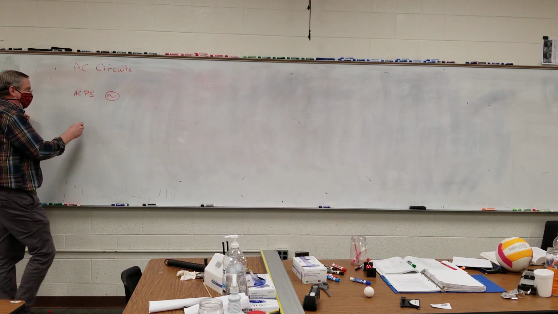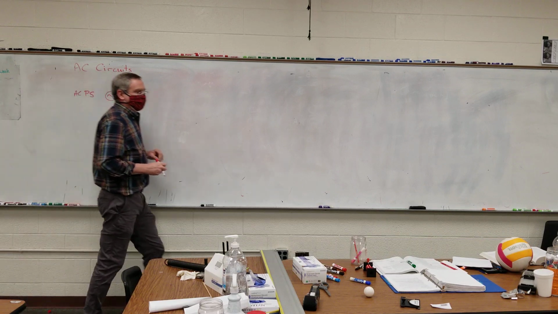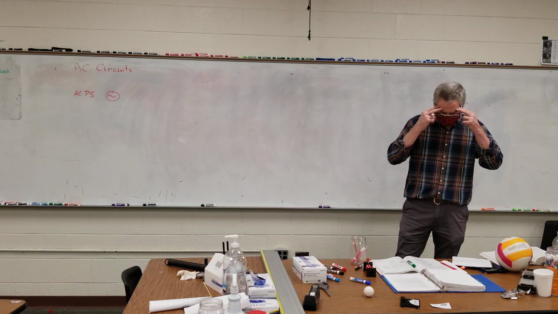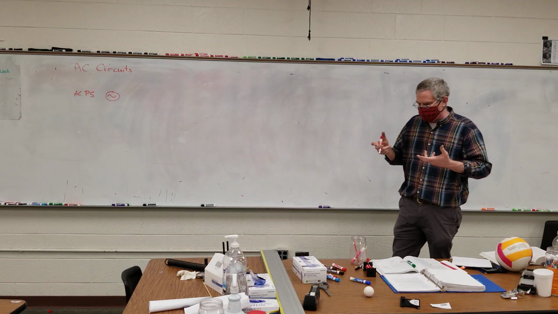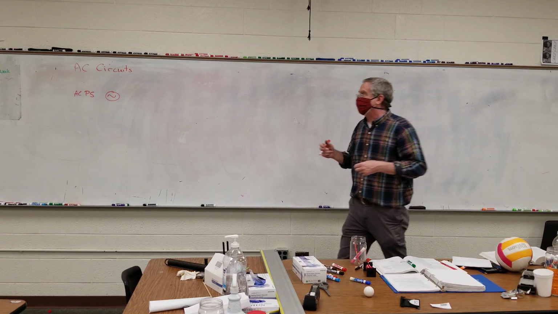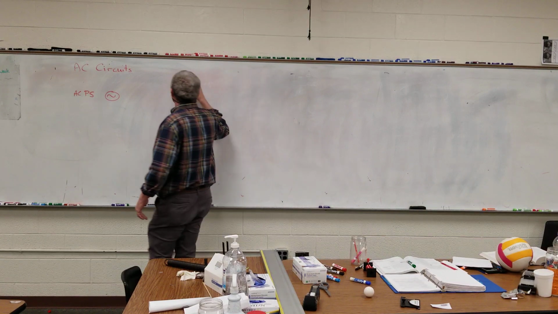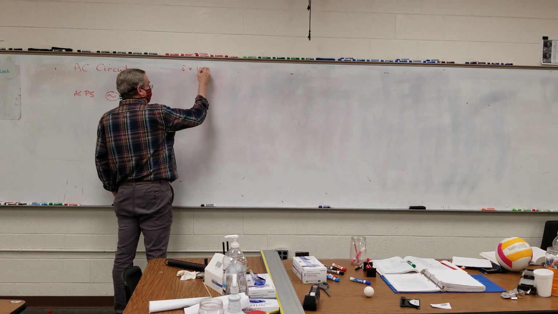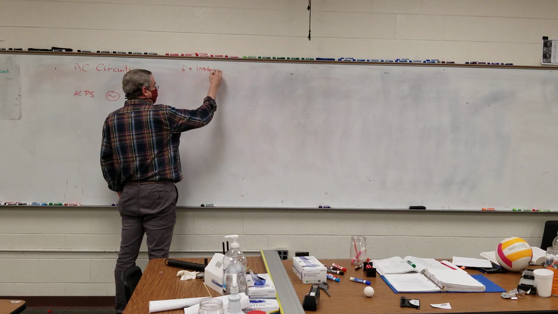The couple of rules that we're working with here is we do need to worry about instantaneous versus the maximum value. And so the convention is, for example, lowercase i is the instantaneous current.